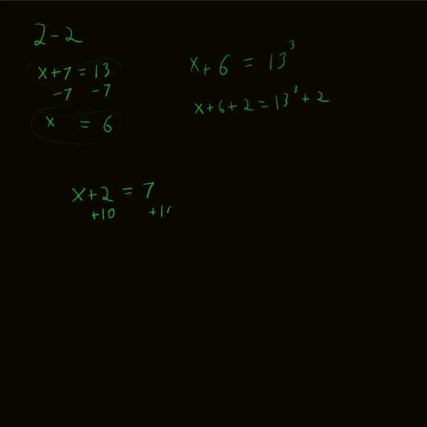Not sure why we would, but we can. So this would leave us x plus 12 equals 17. There is nothing that changes from doing this. These two equations are equivalent equations. Okay?